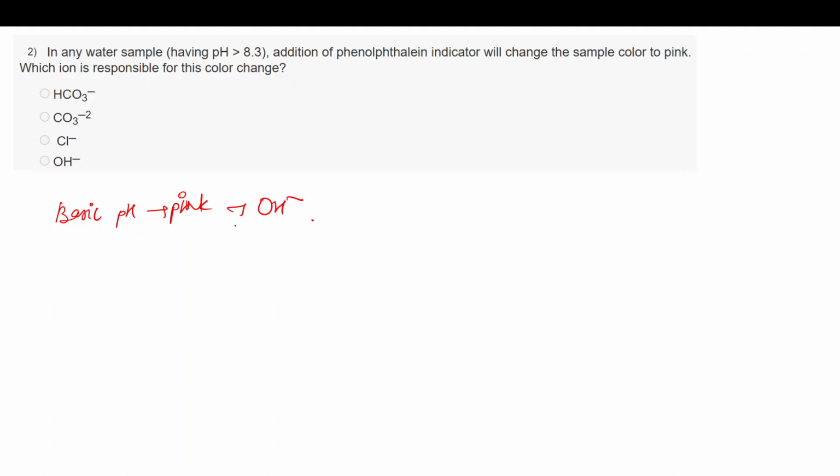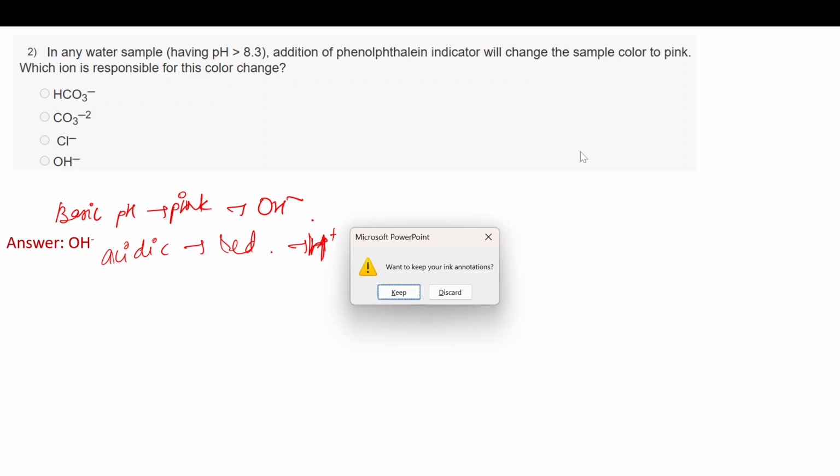Now, if this sample is neutralized, then phenolphthalein indicator will give you red color in the acidic medium. So if it is acidic, you will have red color because of H plus ions, right? Yes, are you following me?